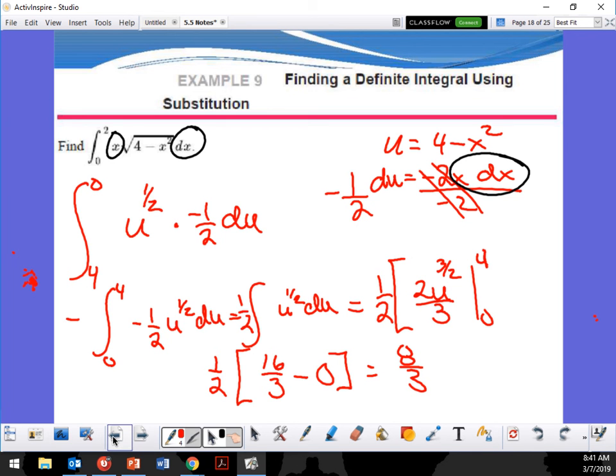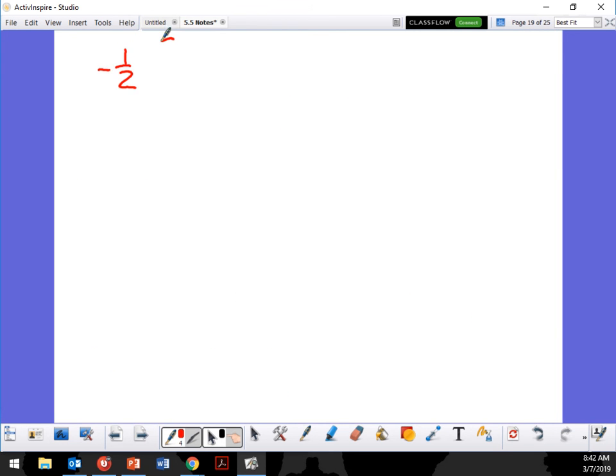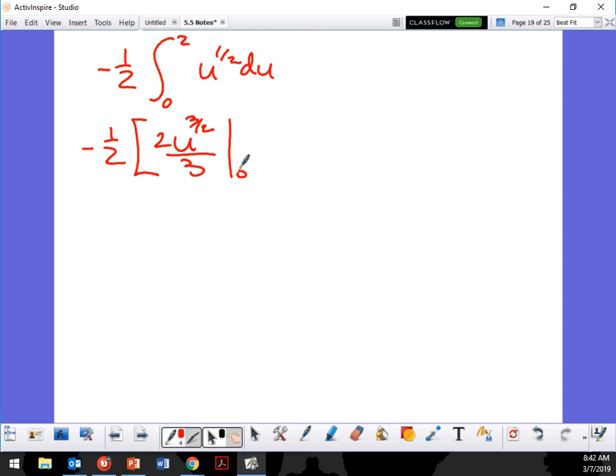Because I'm not going to do the u bounds. I'll show you why. I'll use the x bounds. So negative 1/2 integral of, okay, so from 0 to 2, these are the x bounds, and this is u to the 1/2 du, right? Okay, so it's going to be negative 1/2 bracket, that would be u to the 3/2, right? And over 2/3 from 0 to 2.